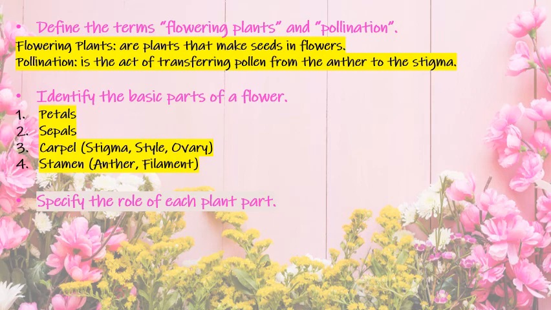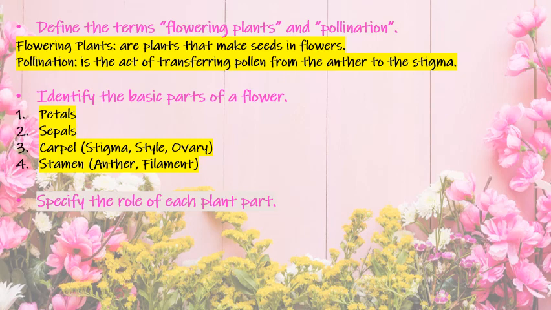Carpel, it's the girl. The girl has the ovules. It has these small eggs inside its belly, inside the fat part, the ovary. So the girl will be holding the seeds, will be holding the babies.